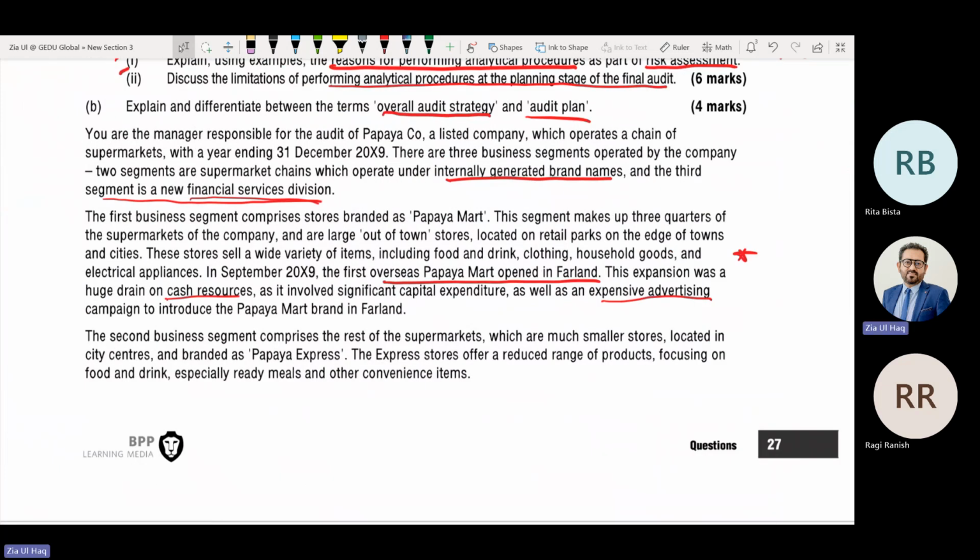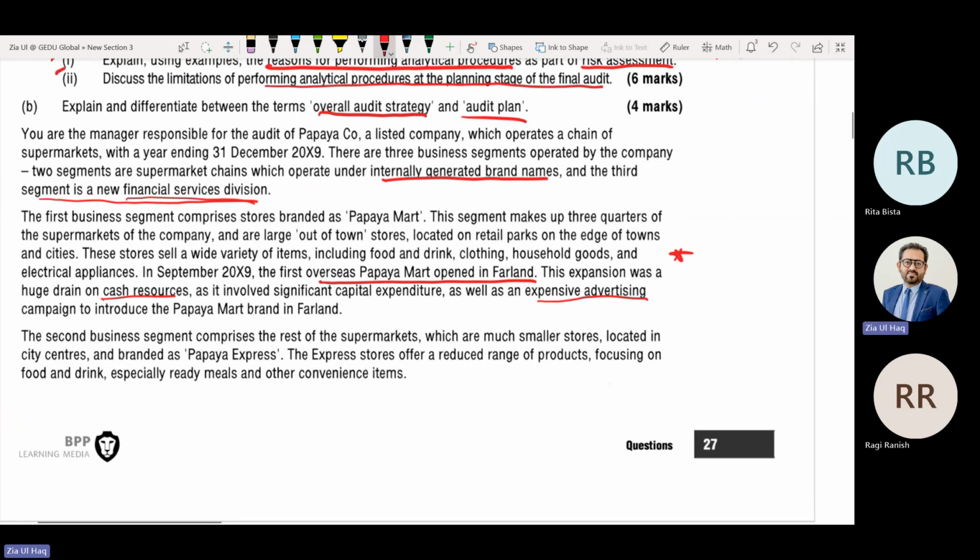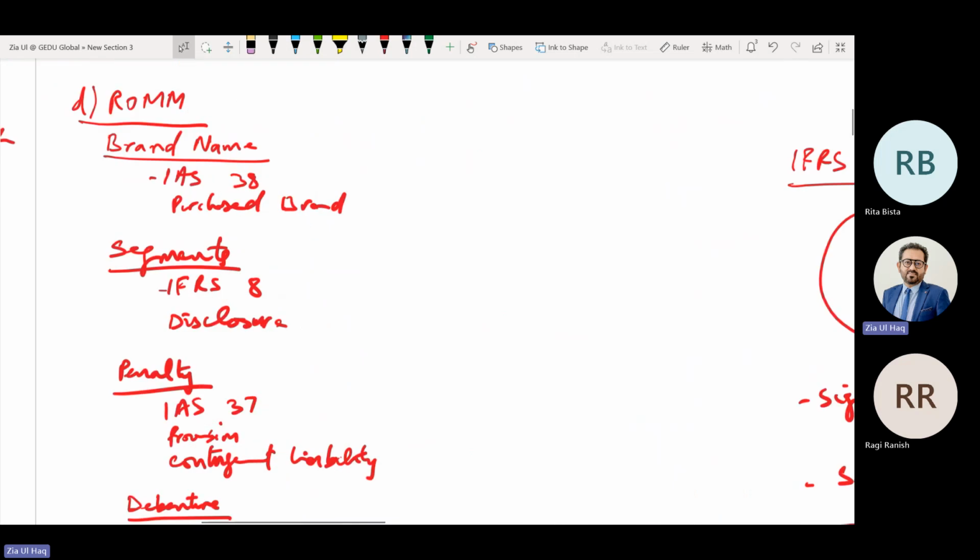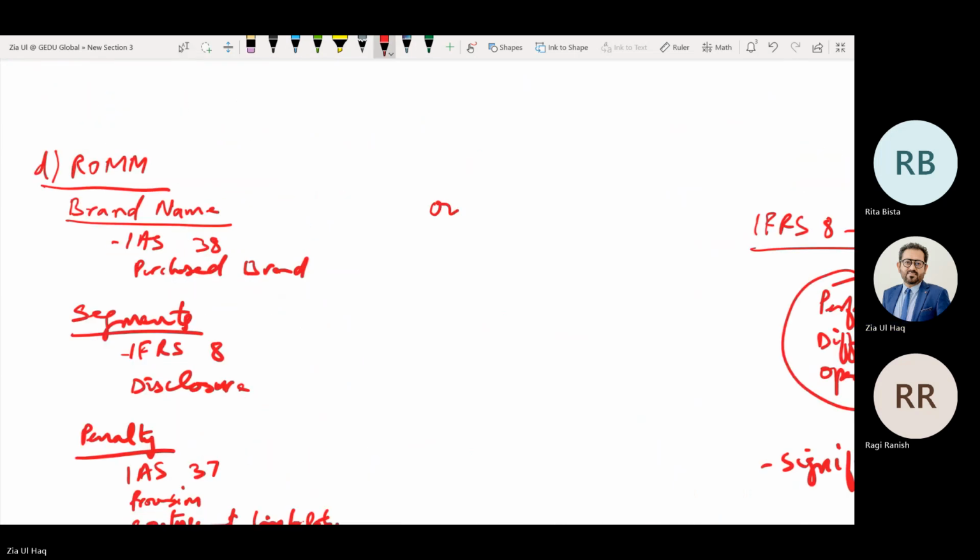So company opened an overseas branch. Company has opened an overseas branch and they invested a huge amount over there and they spent expenses on advertisement as well. So we will put a heading, overseas branch.